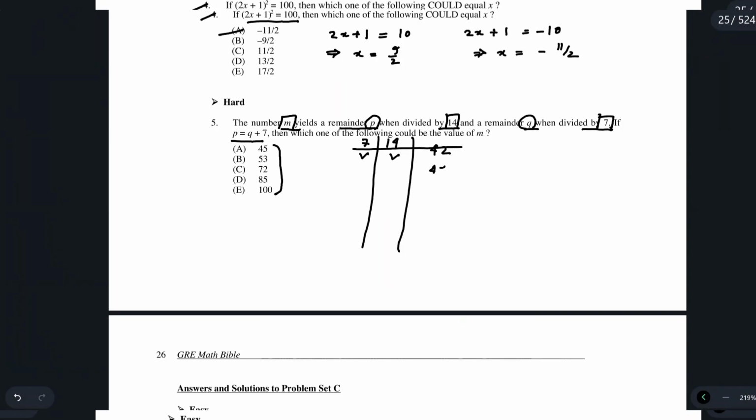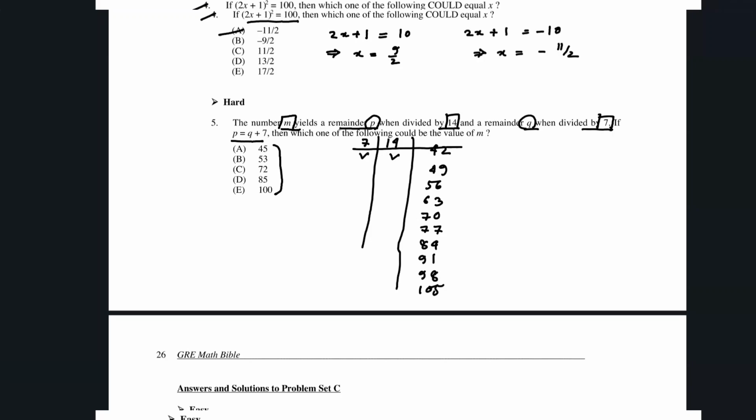Then we have 49. Then if we add 7 here, 56, 63, 70, 77, 84, 91, 98, and there should be 105, but we should not go there because it's outside of our limit.